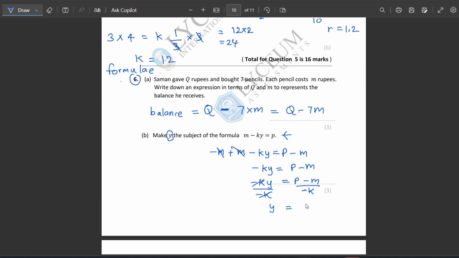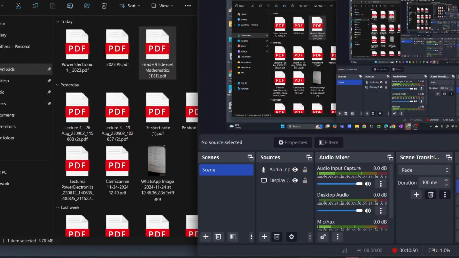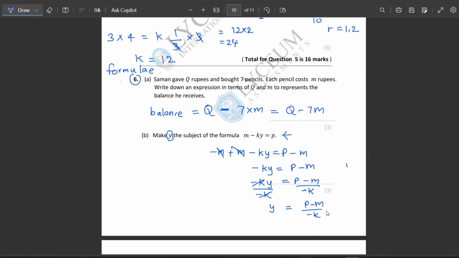Y equals P minus M over minus K. And I can get rid of this minus sign by changing it like this. So I multiplied the numerator by minus 1.